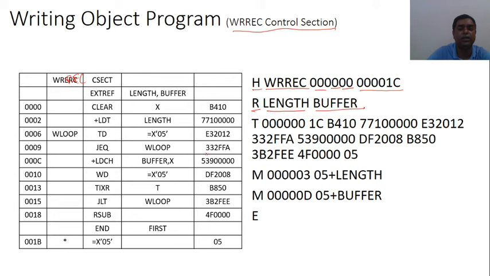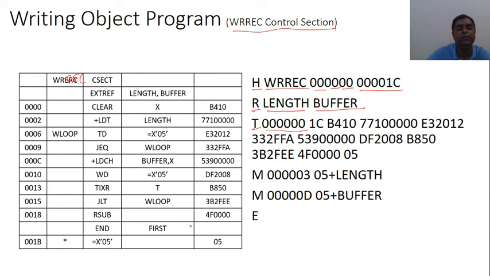Now I have to write the text record. What will be the text record? First column T, then starting address of this text record, 000000. Then the size of the text record, you can see here 1, 2, 3, up to 28.